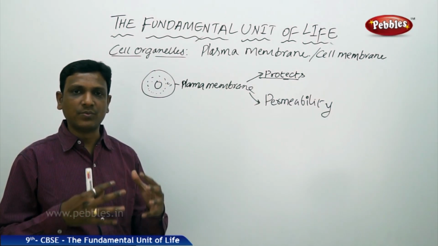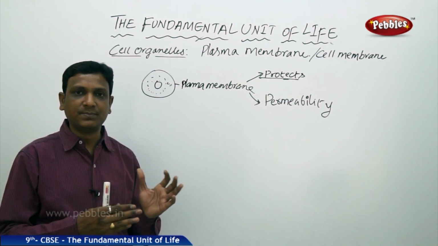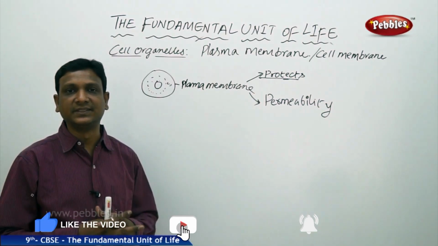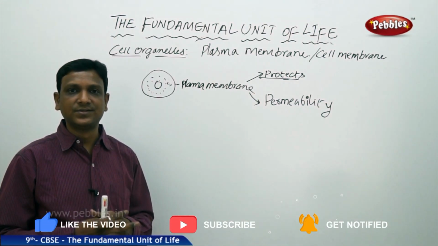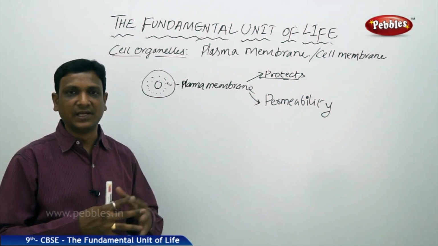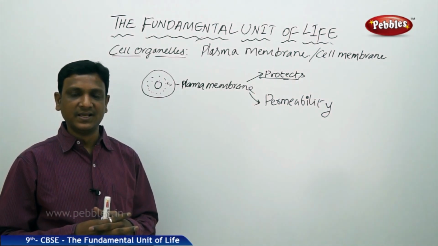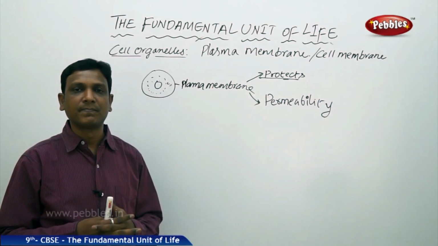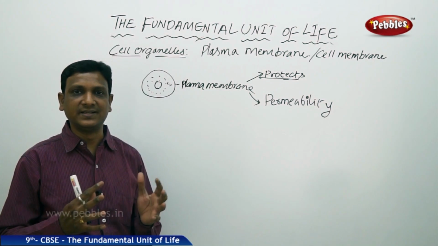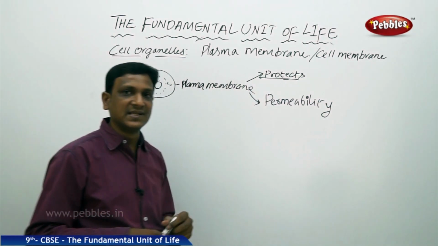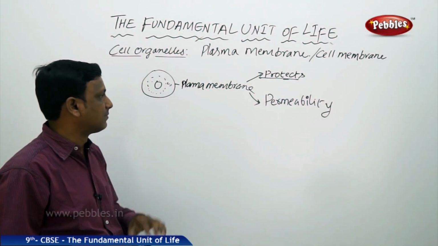They find out whether the person is the right person to send inside, or a dangerous person not to send inside. So the security will check. If everything is fine, they will allow. In the same way, materials cannot enter the cell directly. If that happens, the cell gets damaged. So the cell is protected by the selective permeability nature of the plasma membrane.